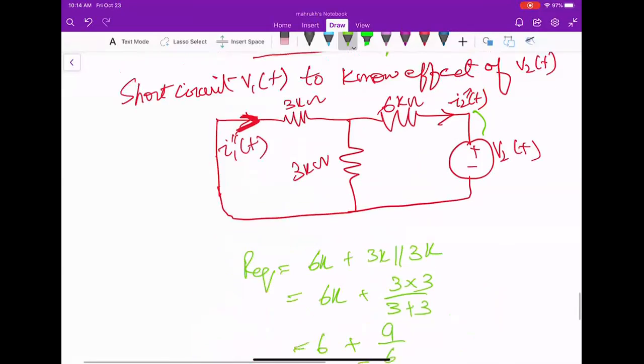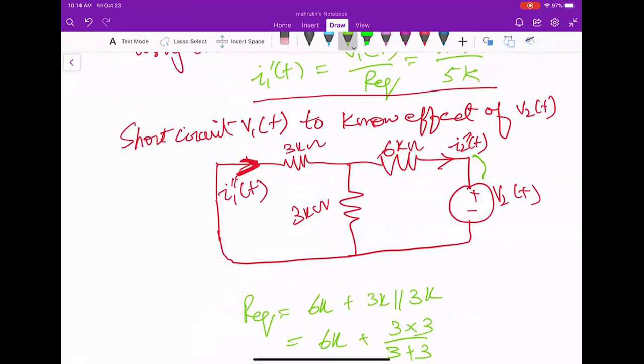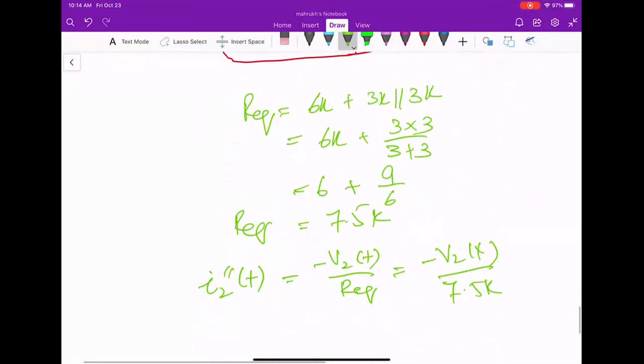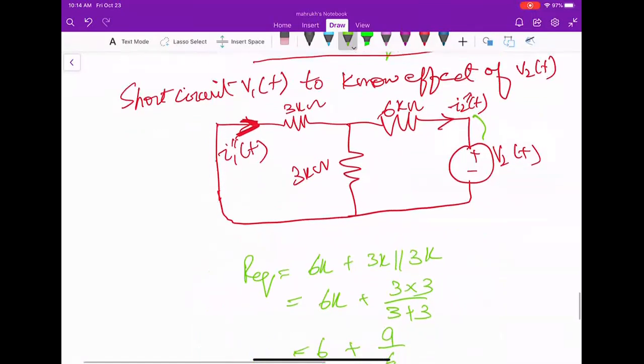Sounds good, but I want to know I1 double dash of t. So how can I find I1 double dash of t? Any idea?